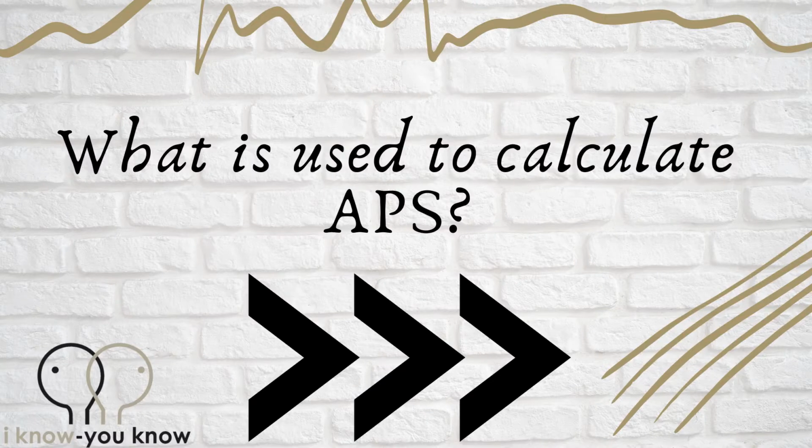So what do they use to calculate your APS? Depending on when you are applying, your latest results will be used. A lot of institutions of higher learning, you need to apply during your matric year. So what that means is you'll probably be using your grade 11 fourth term report, which is your final report.